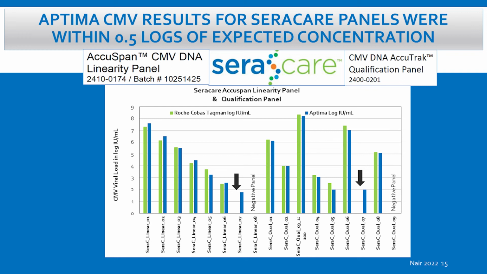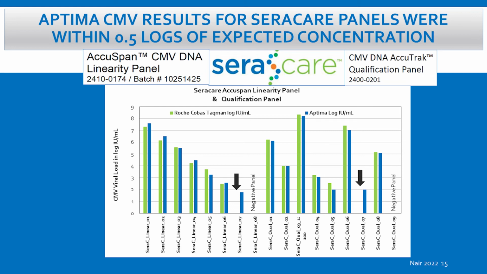The SeraCare results are from the Roche COBAS TaqMan assay, and we saw fairly good agreement even between Aptima CMV and Roche COBAS TaqMan. The main difference is sensitivity, because for some of the low concentration panels, we did not get a result for the Roche COBAS TaqMan, while we were able to get results for Aptima CMV.